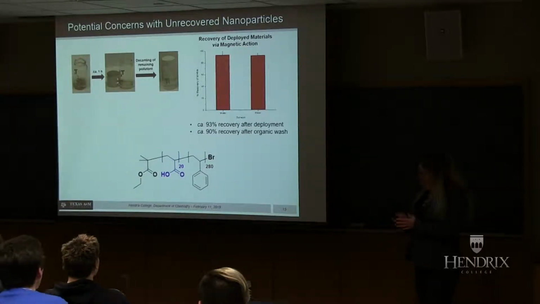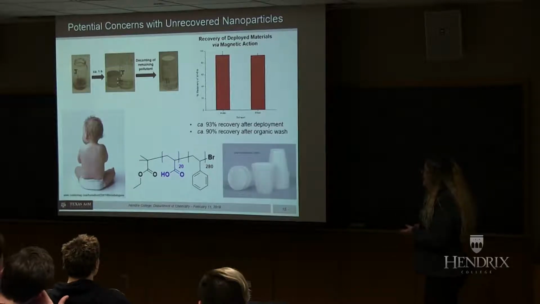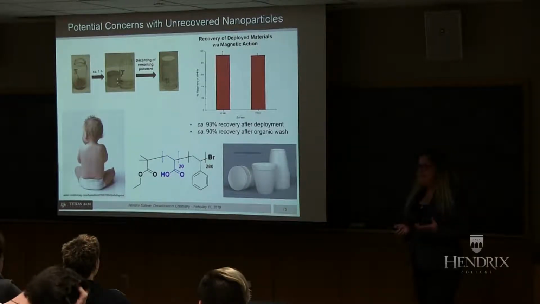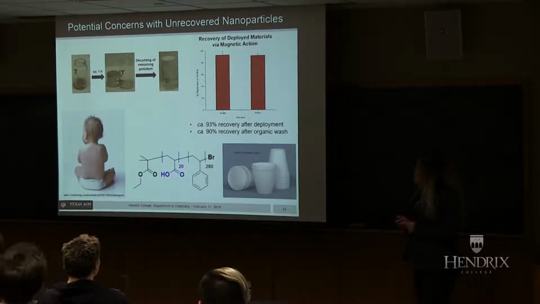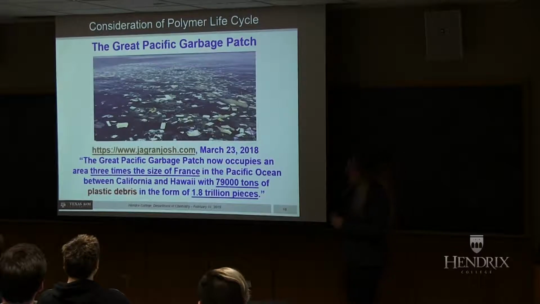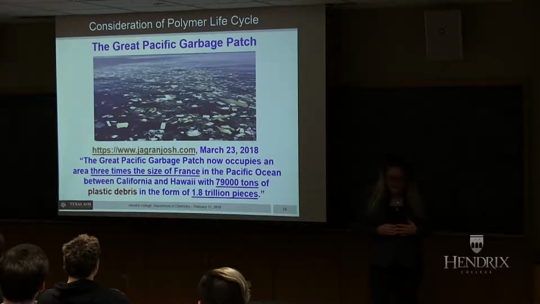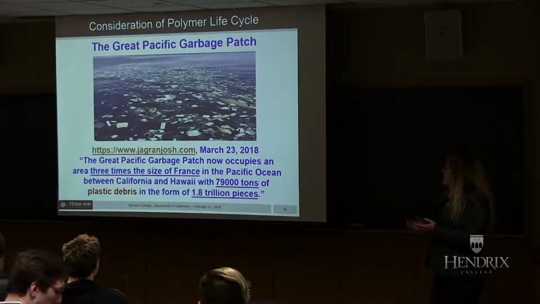But then we started thinking, even though this is comprised of polyacrylic acid and polystyrene, the baby diapers and the styrofoam, we're losing 5 to 10% of the material. We're not recovering it. And that comes to our need to be environmentally more aware of the potential adverse effects of the materials that we make and put into the environment.